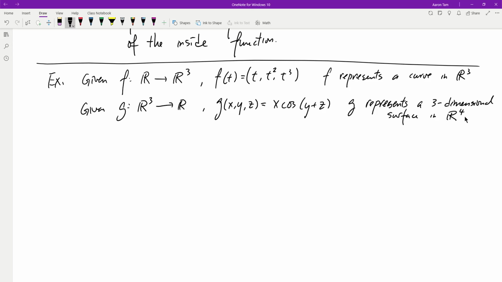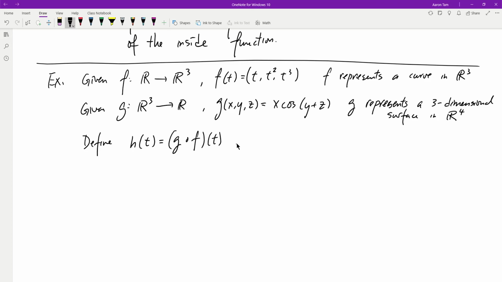I won't be able to draw what this three-dimensional surface in R^4 looks like, but we can still do math with it. So let's define a composition: h of t is equal to g of f of t.